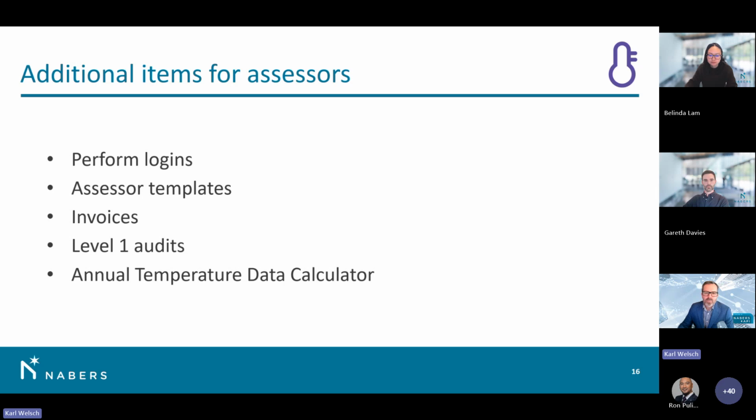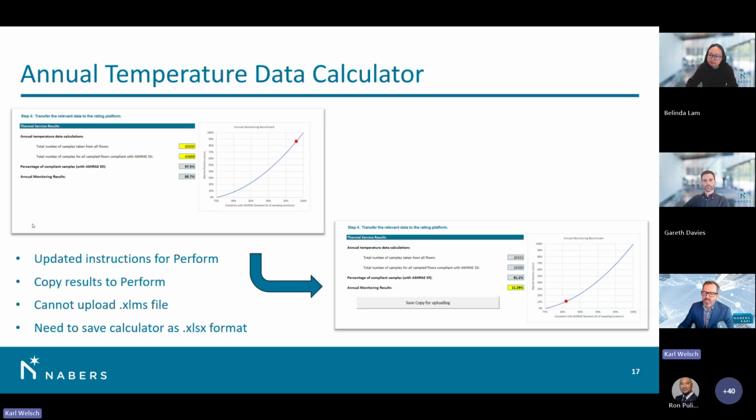One change with the spreadsheet is that the Perform platform does have tighter security protocols and does not accept spreadsheets in the XLSM format. They're spreadsheets that are carrying macros. So there are two ways of addressing this. We have added a button there that you can click, and that'll save it as an XLSX, which effectively removes the macros, or you can save that yourself.